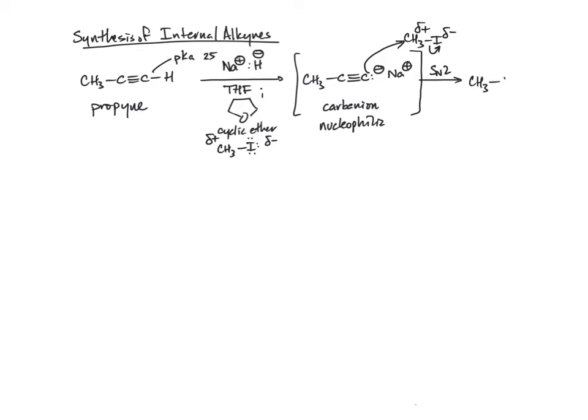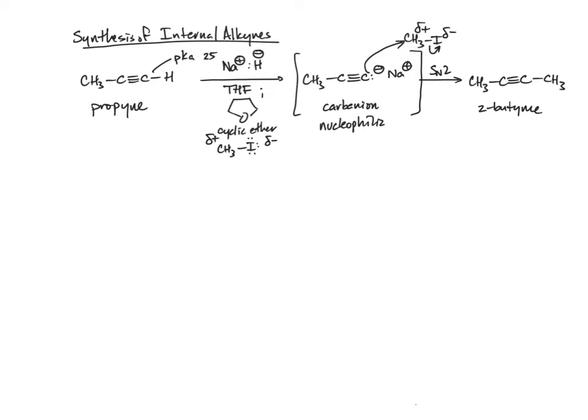And now we are transforming our original terminal alkyne into an internal alkyne. So now we've formed 2-butyne. And so again, an internal alkyne has the sp hybridized carbons each bonded to a carbon. The terminal alkyne, you have this acidic CH bond. So that's a pretty straightforward process.